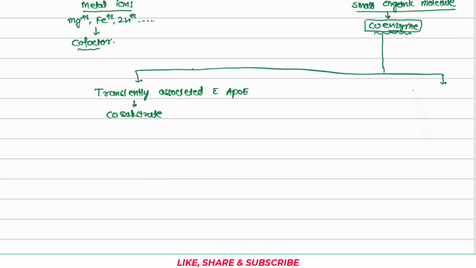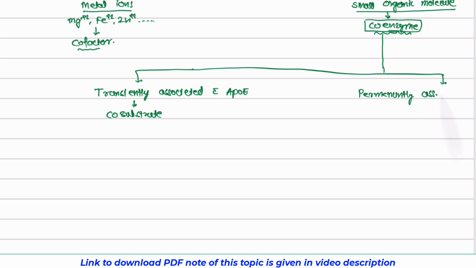And if that association is of the permanent kind, so if it is permanently associated with the apoenzyme, then it is called a prosthetic group. So once again, depending on their association with the apoenzyme, coenzymes can be called a co-substrate or a prosthetic group. We call them a co-substrate if they are only temporarily or transiently associated with the apoenzyme, and if they are permanently associated, we call them a prosthetic group.